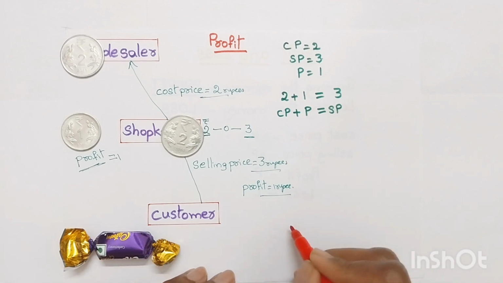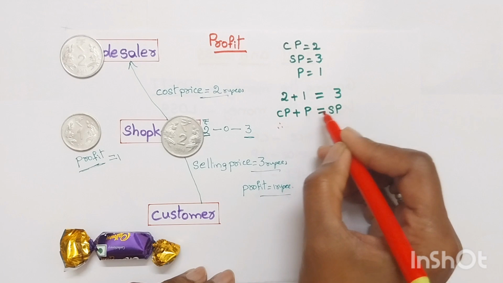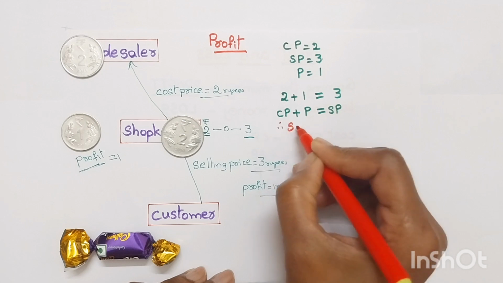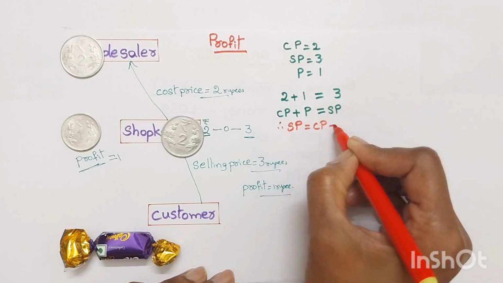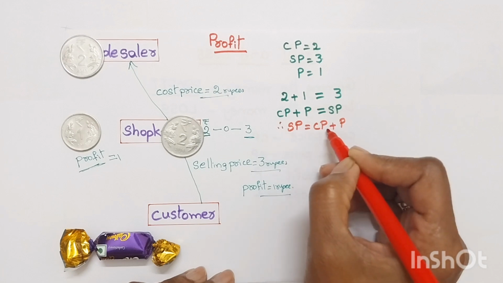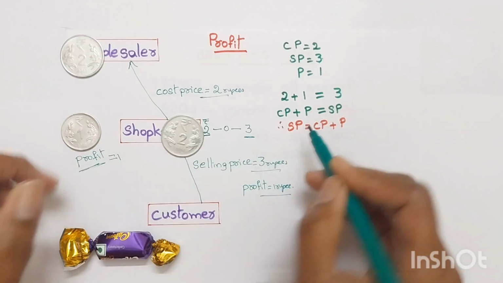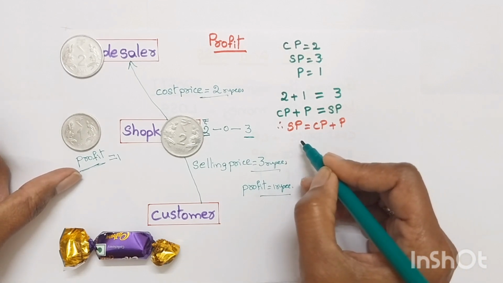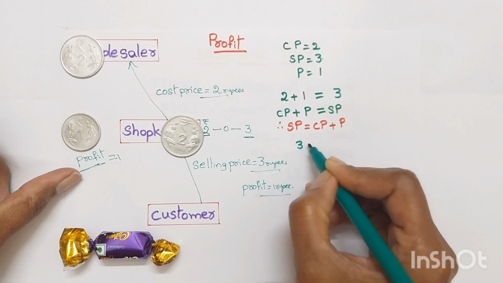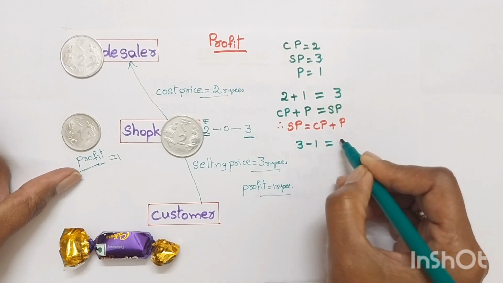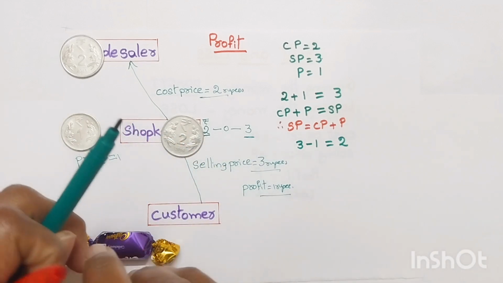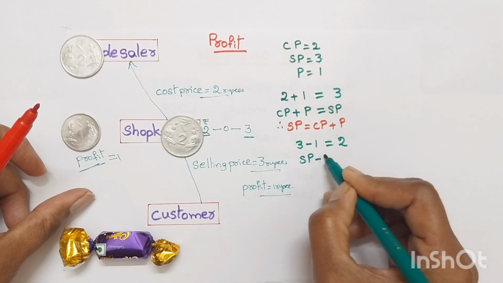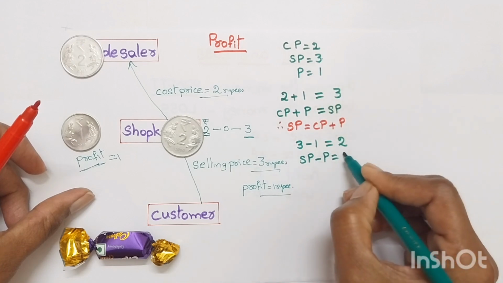Therefore, finally, the left side and right side are exchangeable: SP equals CP plus P. Selling price equals cost price plus profit. This is one formula. Now I do one more calculation. 3 minus 1, how much? 2. 3 is the selling price, minus 1 profit, equals 2, which is CP.